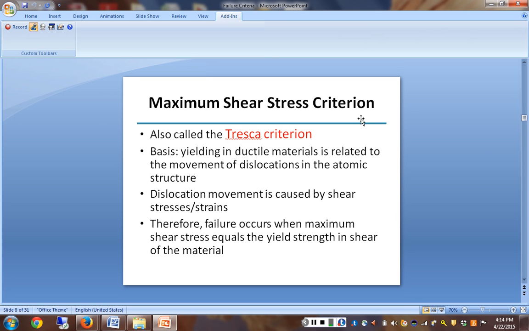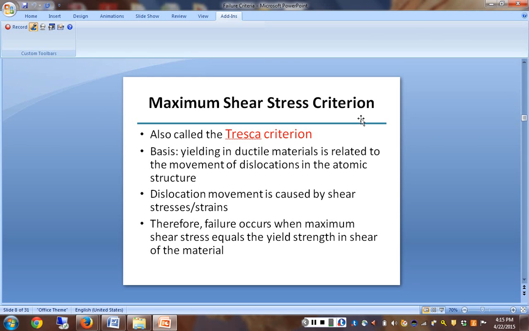Next one, max shear stress. It's called max shear stress, or it's called Tresca. And I mentioned before that things actually yield, back to 2070, these crystal slip planes and atomic lattice. It's dislocations in that lattice structure that cause things to skew or fail. And things skew or fail because of shear.